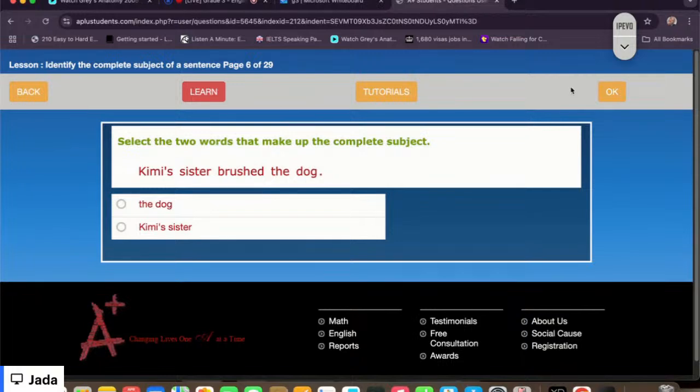Okay. Kimmy's sister brushed the dog. What is the subject here?